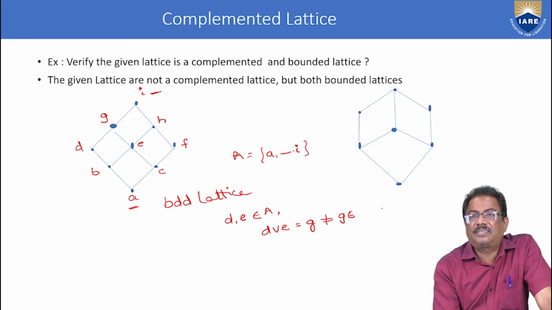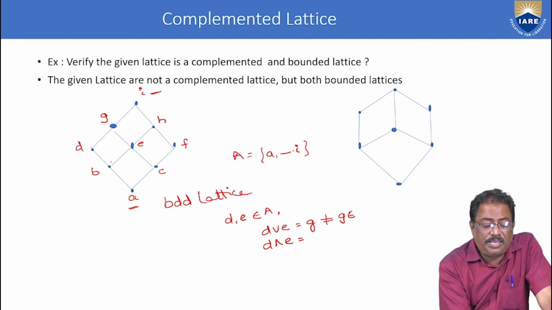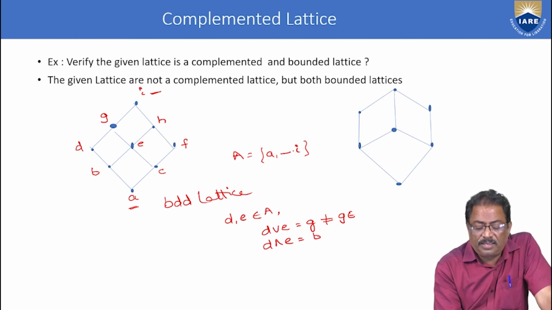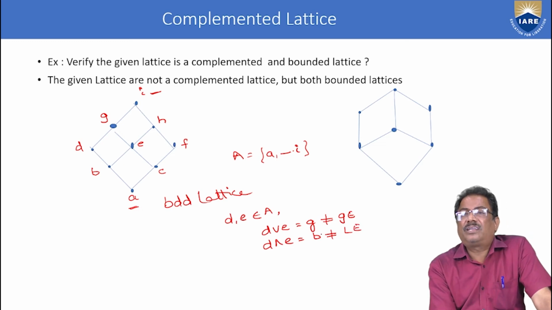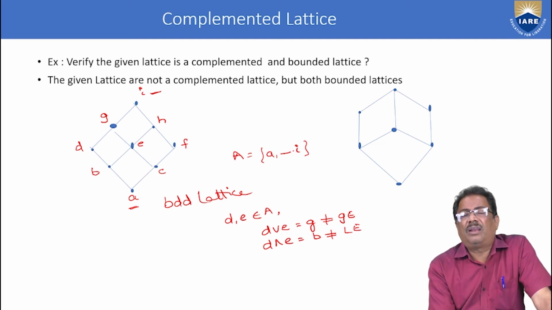And for D and E, the greatest lower bound is B, which is not equal to the least element. So I am saying that E will not have a complement, or I can say that it is not a complemented lattice.